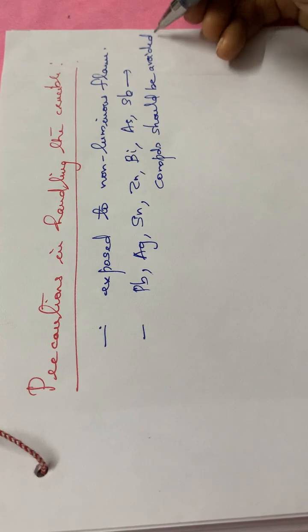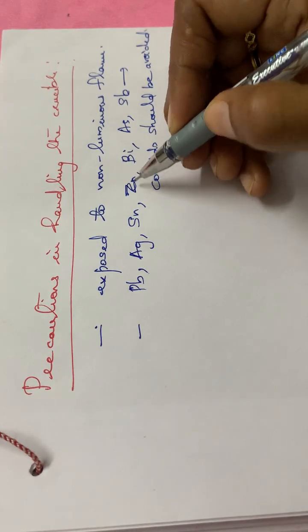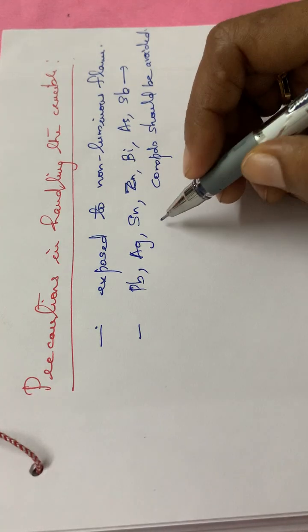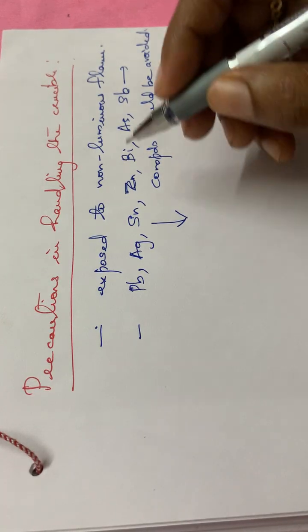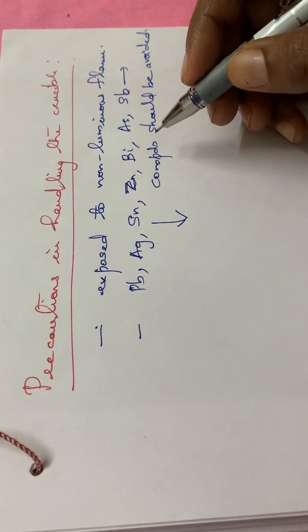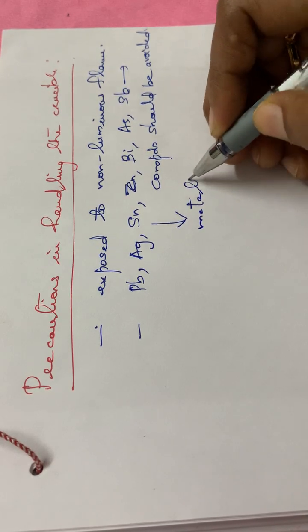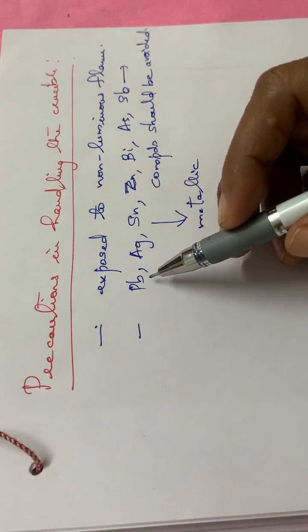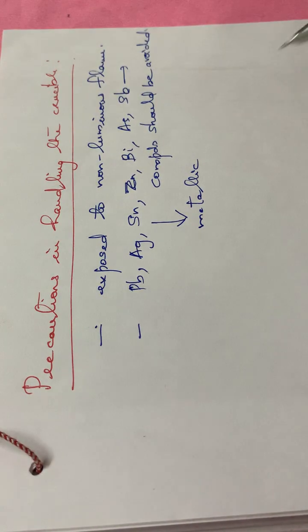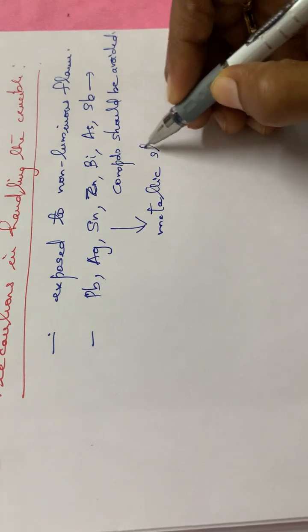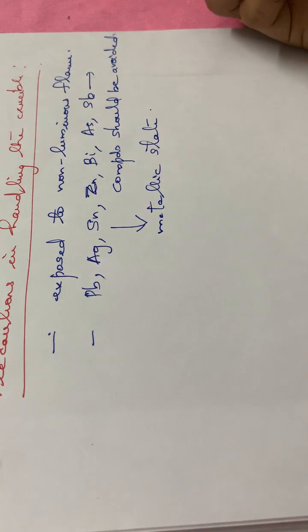Compounds of lead, silver, tin, zinc, bismuth, arsenic, antimony, etc. should be avoided, because if we are using these metal compounds, what happens is that they will be reduced to their corresponding metallic state. If a compound of lead is used, we will be obtaining only lead. That means it will be reduced to the metallic state. So what happens? Error will be occurring in the weight calculation.